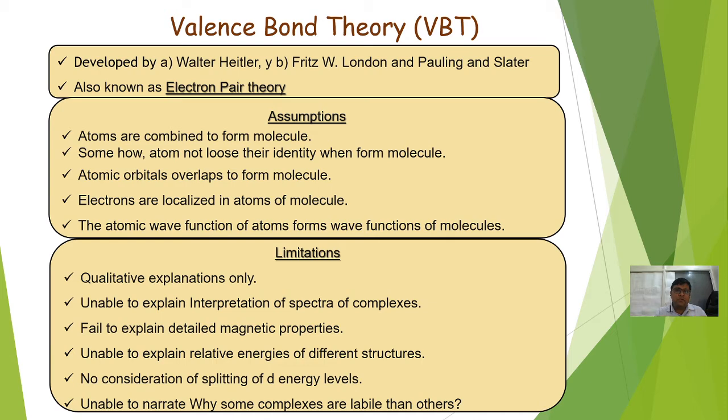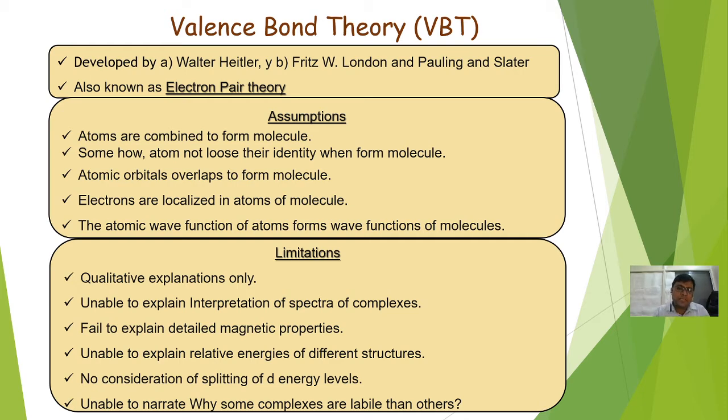According to valence bond theory, electrons are localized in the atoms of the molecule. Then, atomic wave functions of atoms form the wave function of molecules. So, two atomic wave functions are combined to form a wave function of the molecule.